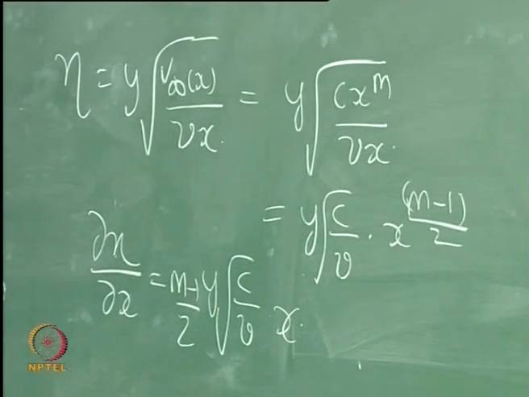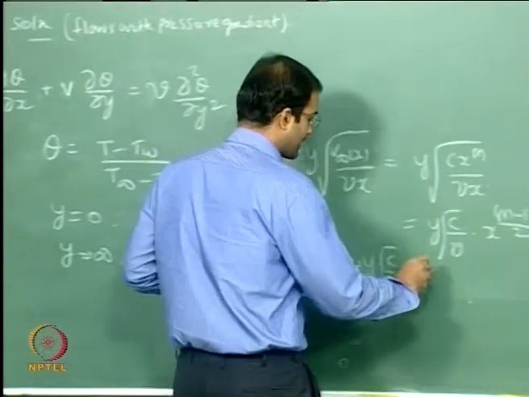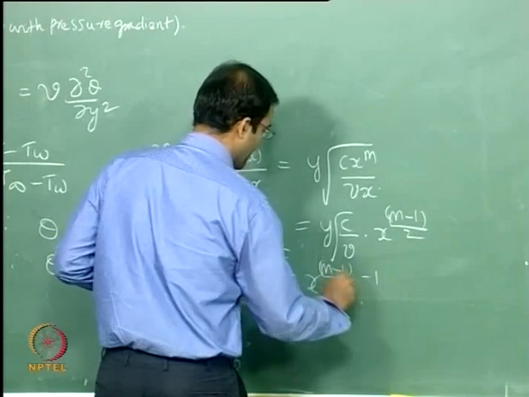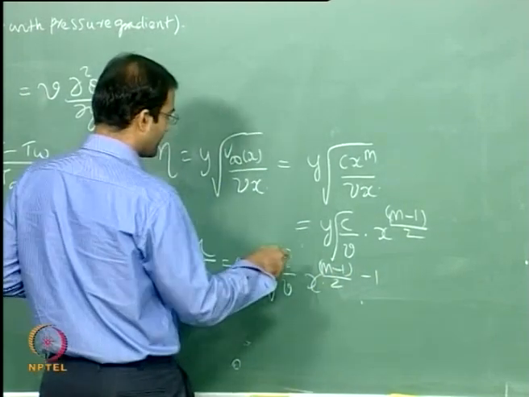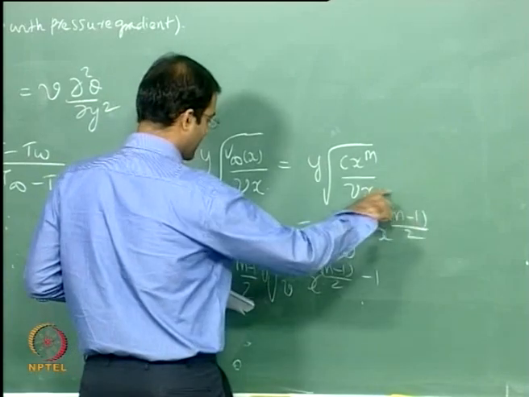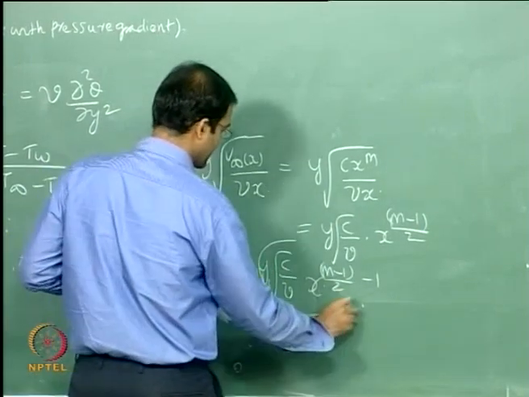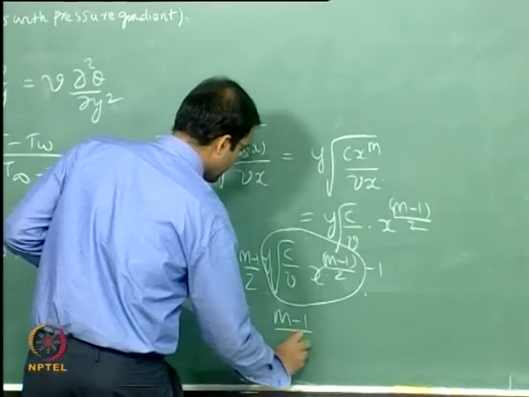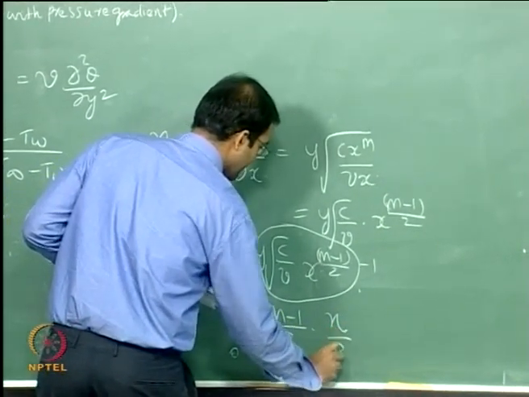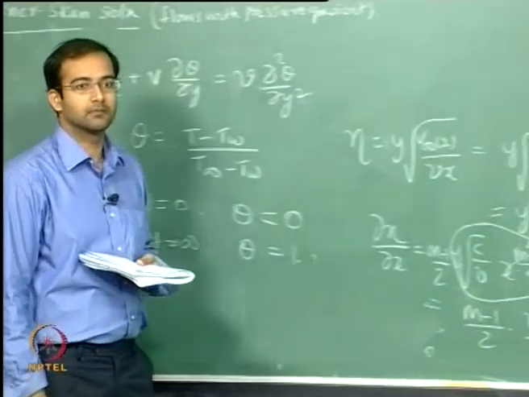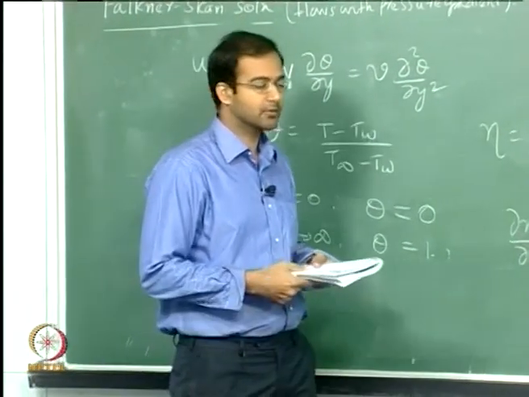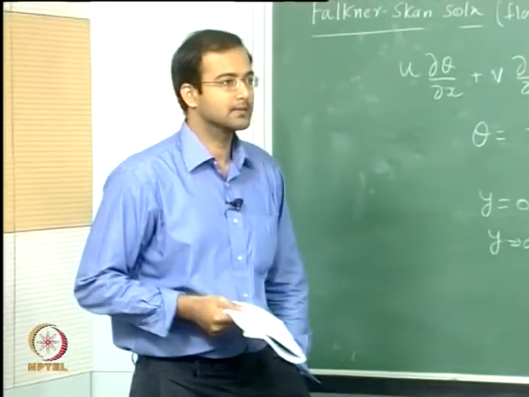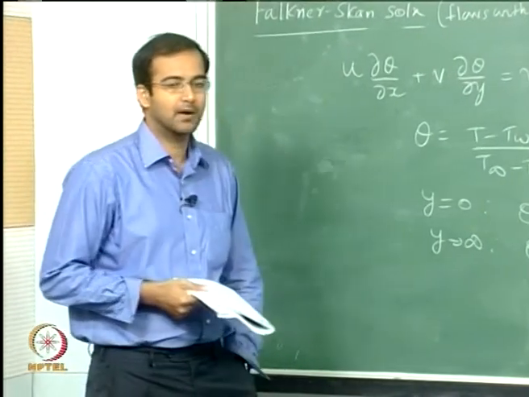Exponent m minus 3 by 2, so I can write that as m minus 1 by 2 minus 1. So once again y c by nu x power, this entire thing is what? Eta. So this will be m minus 1 by 2 into eta by x. So you should take care when you are differentiating and transforming the variables, now that your free stream velocity is a function of x.